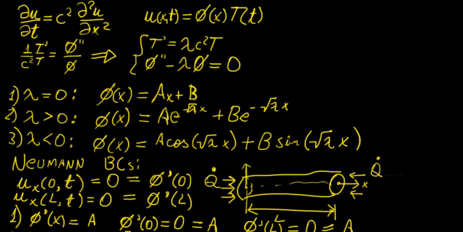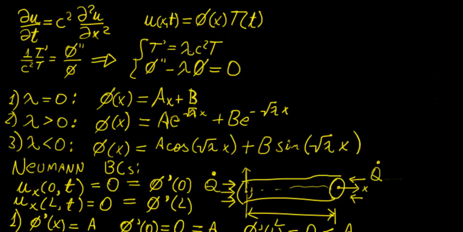And now for the function of t, we're going to have the same, because remember, we solved the case for lambda less than 0. We found that this corresponds to the correct solution. So that means T of t is once again going to be e to the minus c squared n squared pi squared over L squared times t.